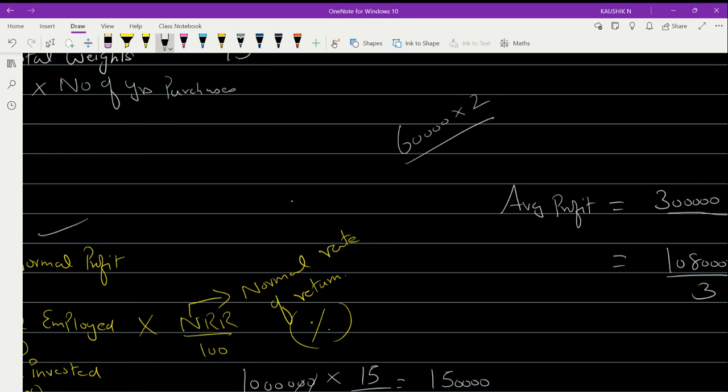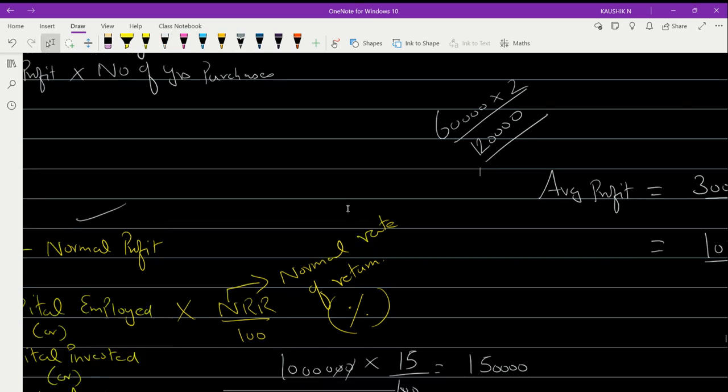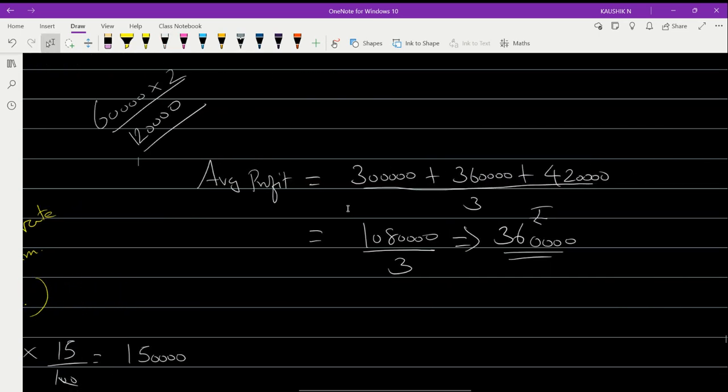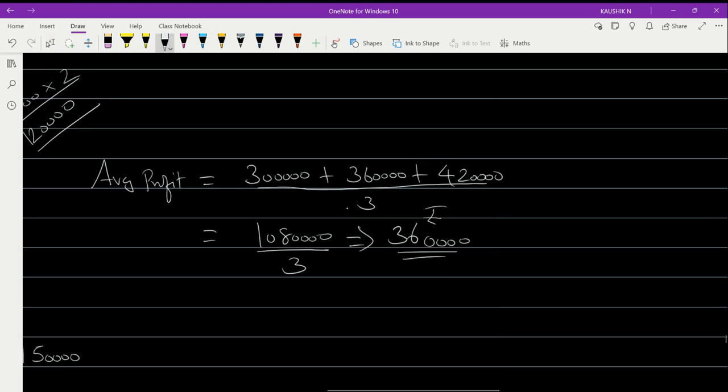60,000 into 2. How much you'll get? 1,20,000. Very good. This 1,20,000 rupees I should deduct from the value of 3,60,000 that you got as your average profit.